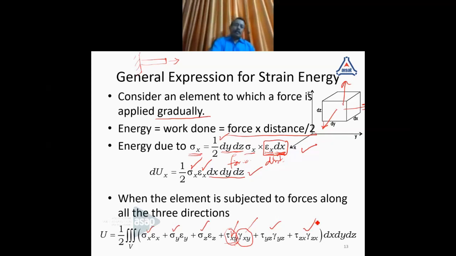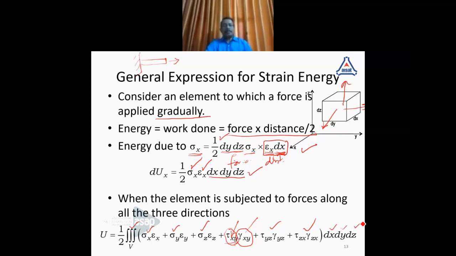And here we'll be using a volume integral because we are integrating with respect to three variables x, y, z. And this is the general expression for strain energy.